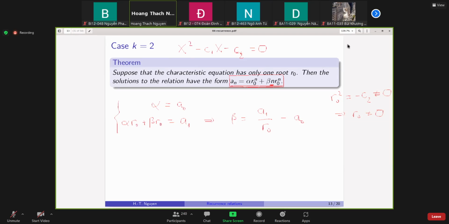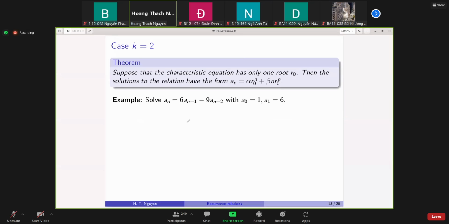So as usual, it is better if we apply our results directly to an illustrating example. Okay, so let's look at the equation. You can see easily that the characteristic equation will have a double root R0 is equal to 3, right? Because it is this.